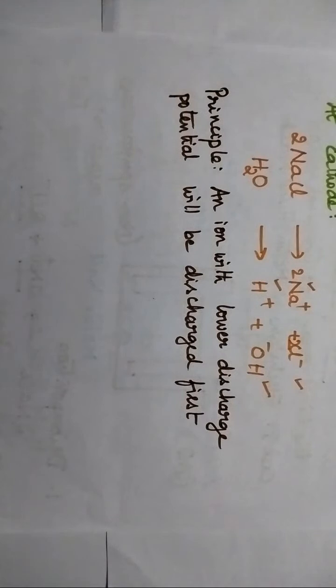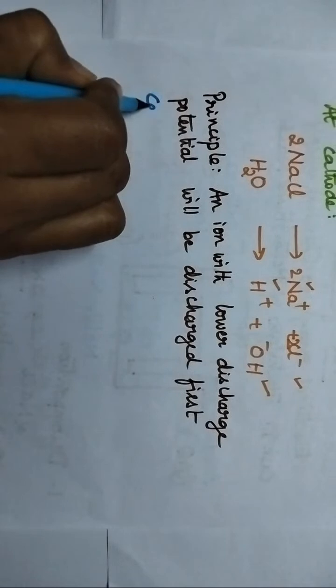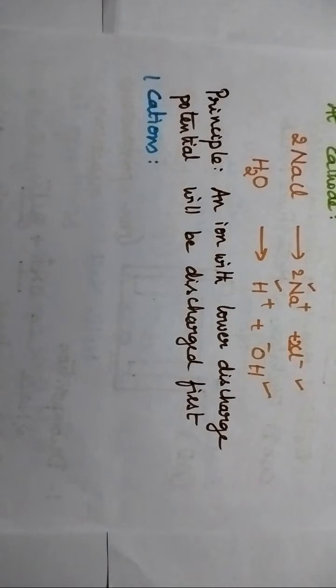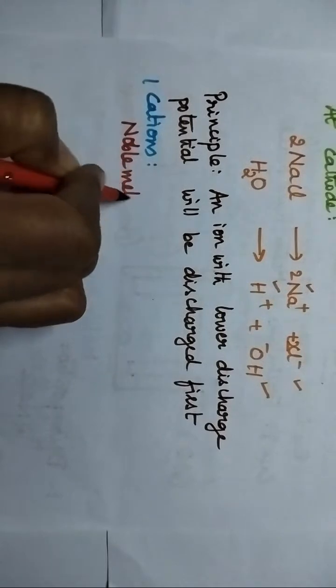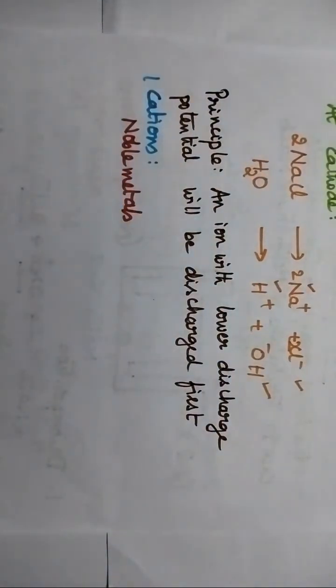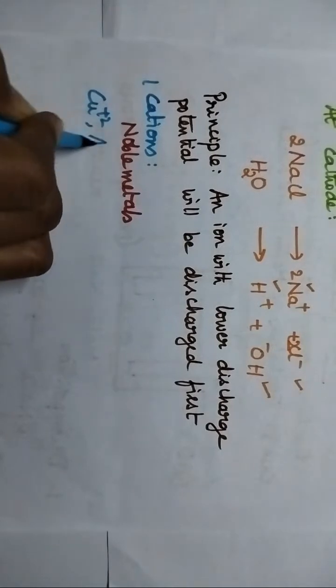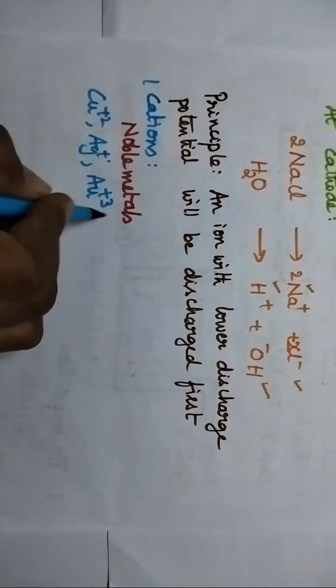Here we have anions and cations. Coming to the cations, I will give the order of discharge potentials, especially the noble metals. Noble metals always have lower discharge potential. Noble metals include copper, silver, gold and platinum.